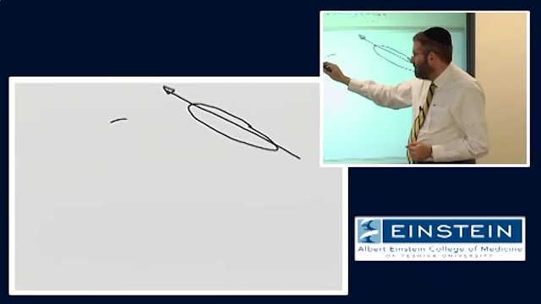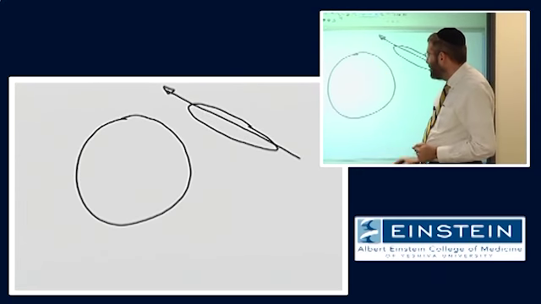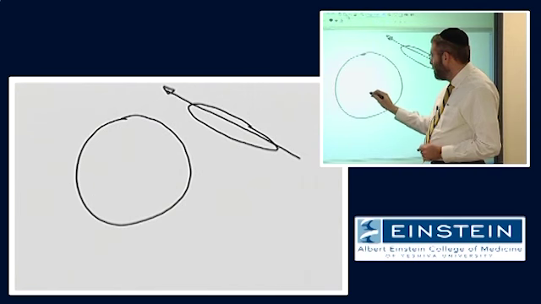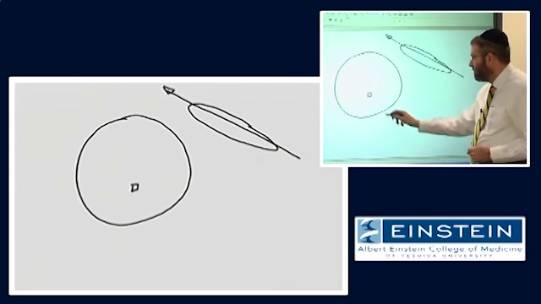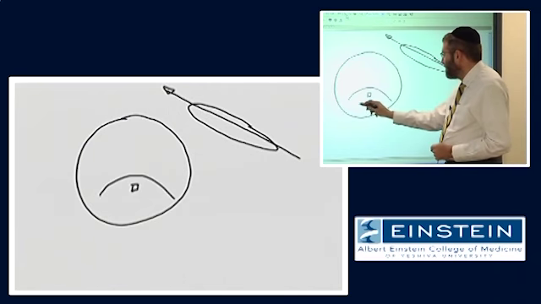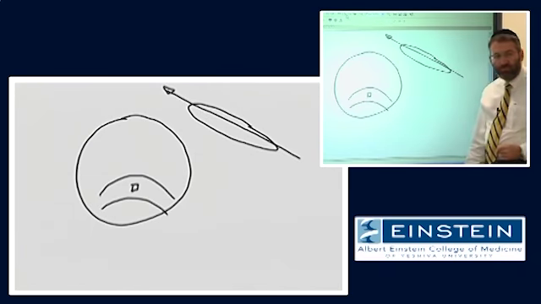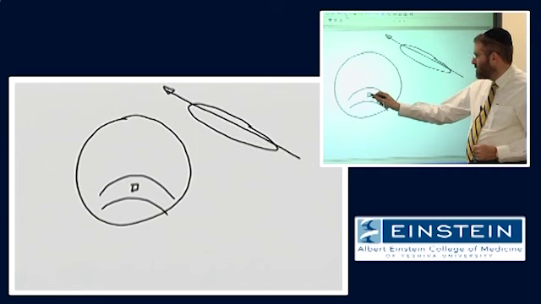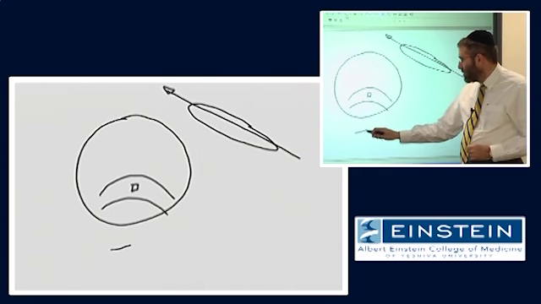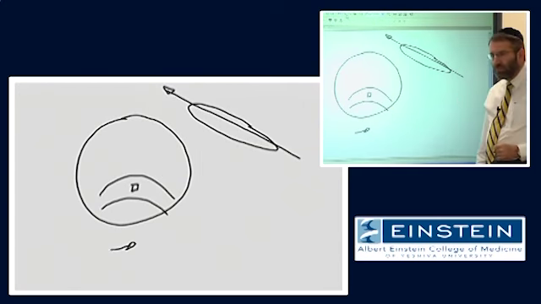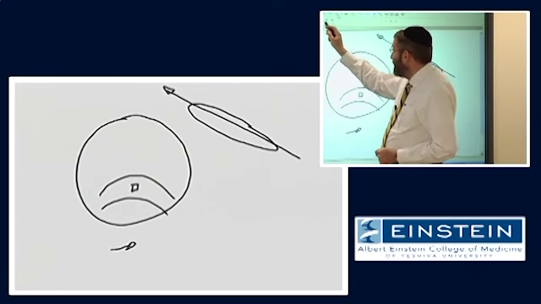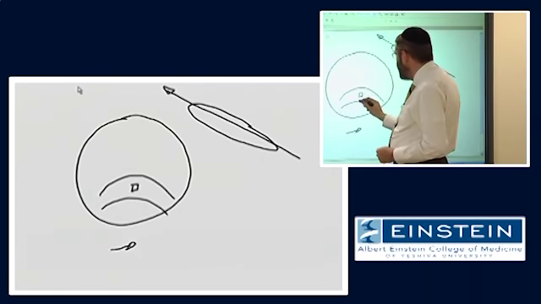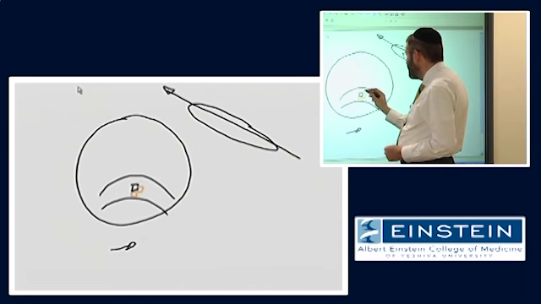If we think about an image and we look at multiple locations, let's say we start out in the corpus callosum, which has fibers that run from left to right. So if we start out in this location and ask, what is the principal diffusion direction? It's left to right.